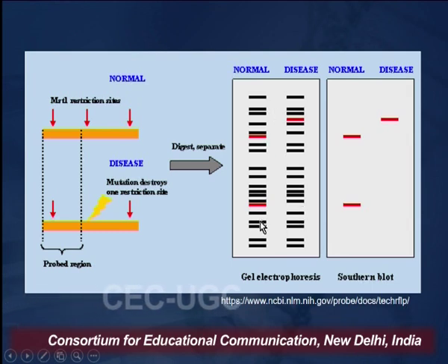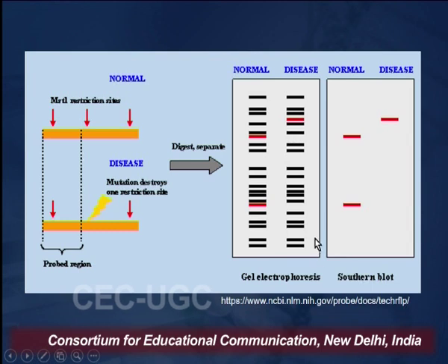Two bands appear in this particular lane, which is for a normal DNA, and for this diseased DNA you can see only a single fragment appears.